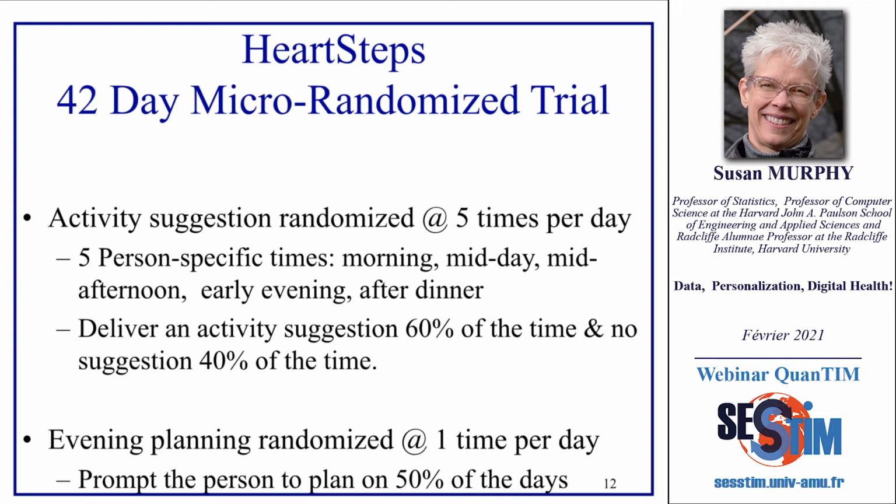Also, every evening, the individual was randomized to support planning for physical activity the next day, and that randomization was 0.5, so that around half of the days they'd be prompted to plan physical activity on the next day.